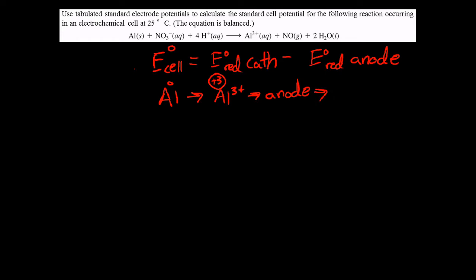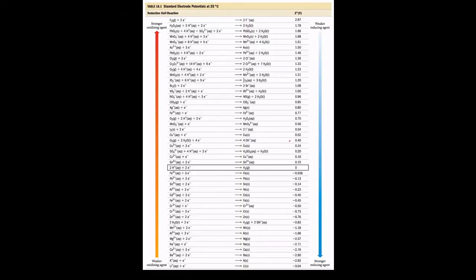And its standard reduction potential is going to be somewhere down here, I believe. There it is. So we have aluminum 3+ and aluminum. And by the way, we do not care that it is written backwards compared to what's in the actual reaction. That's perfectly fine.